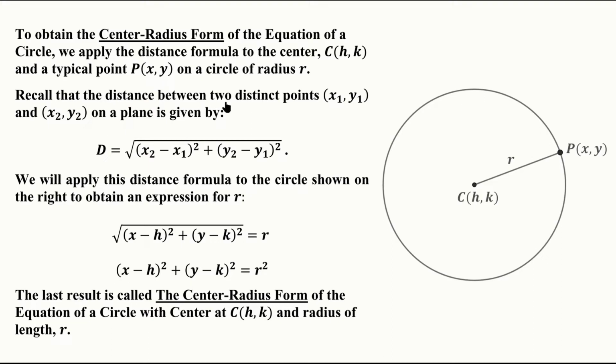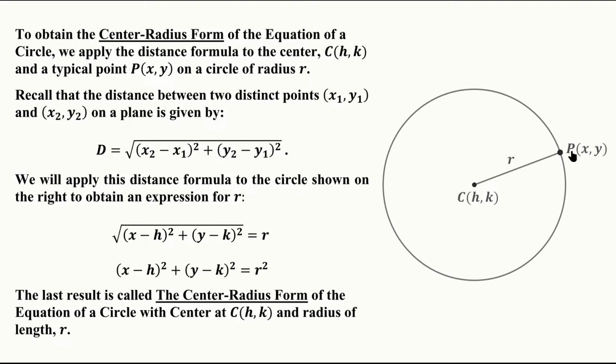So we know that the distance between 2 points (x1, y1) and (x2, y2) is given by this formula. Remember from our previous lecture, we will apply this distance formula to the circle shown on the right here to obtain an expression for r. So we know that the square root of, if we think of this as (x1, y1) and this point as (x2, y2) for this formula, we end up with the square root of quantity x minus h squared, right?